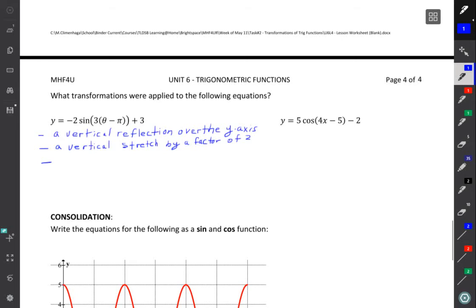Looking at this 3, remember these happen in inverse. So it's the opposite operation, or the other way of looking at it is that for horizontal transformations, the relationship is 1 over k. So that's for horizontal stretches and compressions.